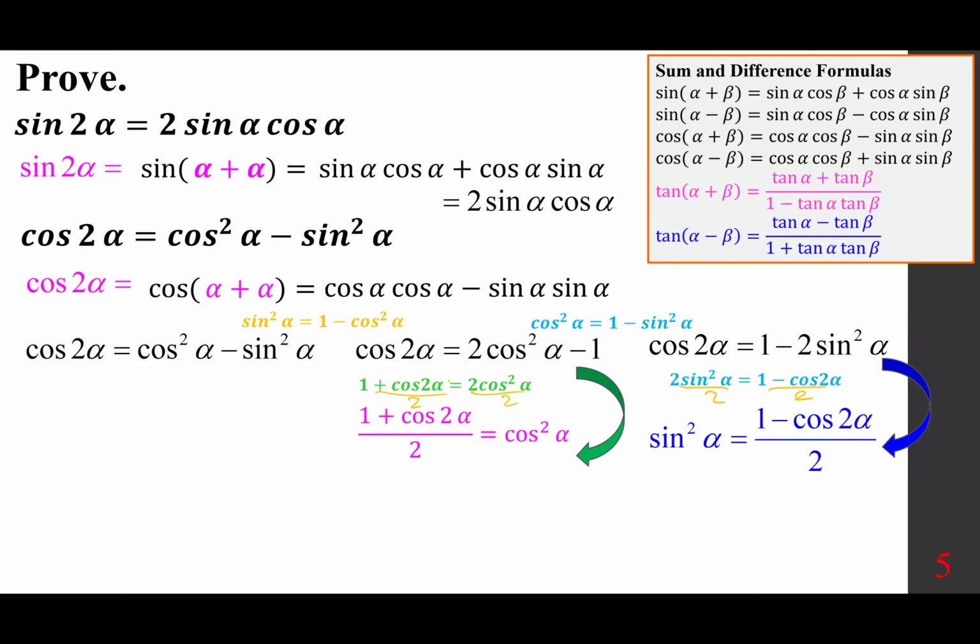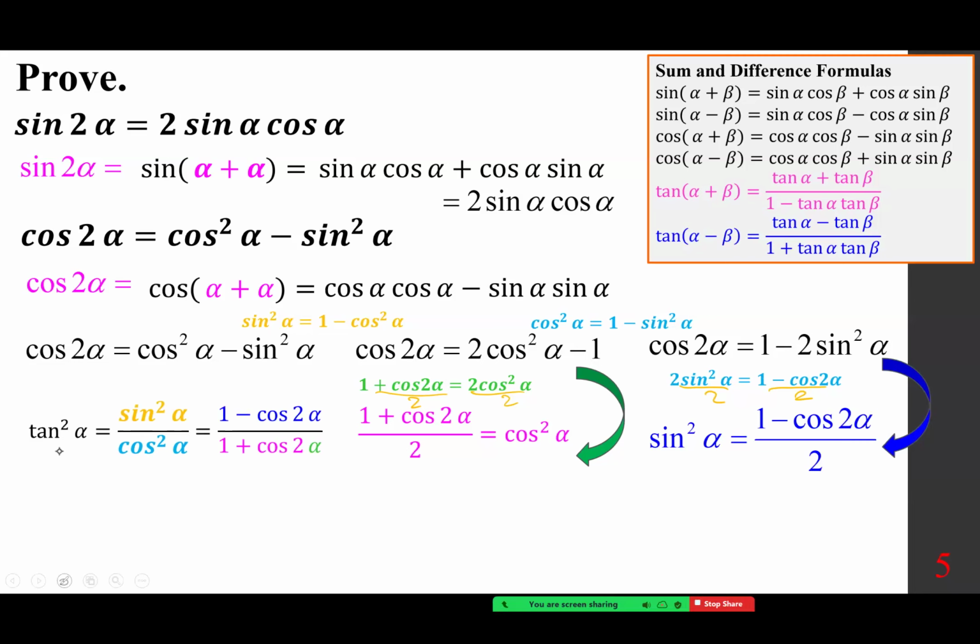So far, so good. What about tan squared? Sine squared over cosine squared. Tan squared is sine squared over cosine squared. If you divide this one by this one, I hope you realize the 2's drop. So this goes at top, 1 minus cosine 2 alpha.